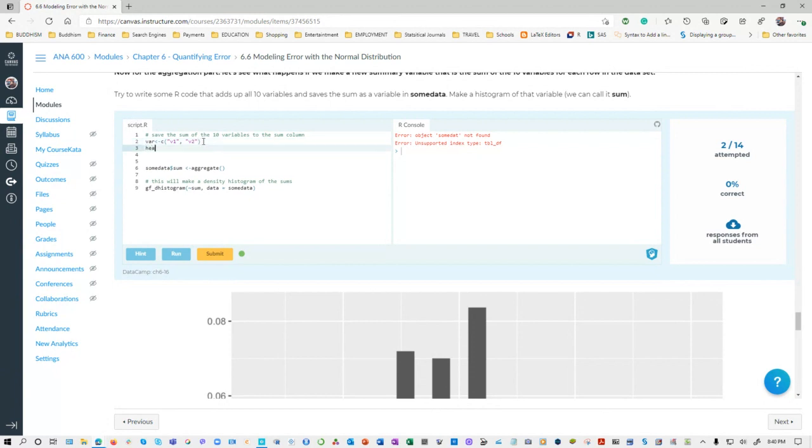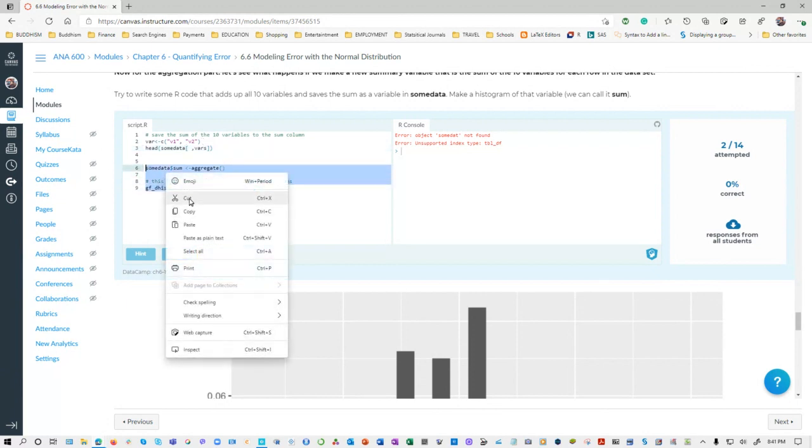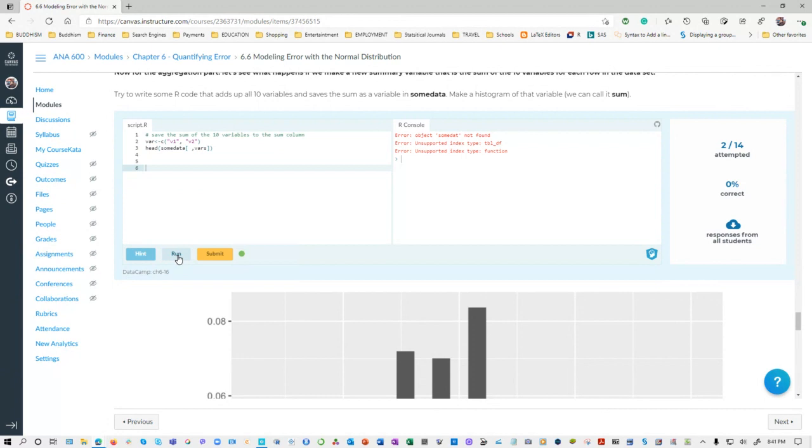Then I'm gonna write head of this one for some data. Why is this one not going to work?